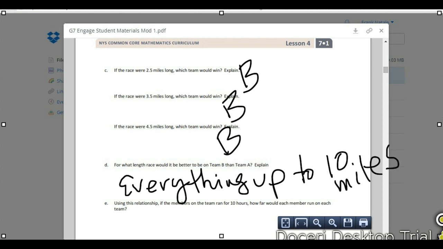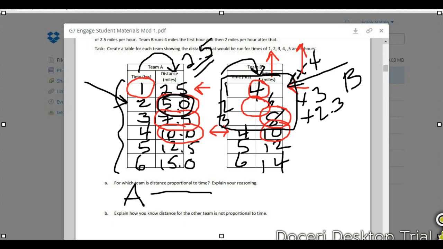Okay, everything up to 10 miles, because we take a look right here. 10 miles is where things even up, and you can see right there at 10 miles, they both are averaging 2.5 miles per hour, and that would be a 10-mile race right there. It would have been a dead heat.